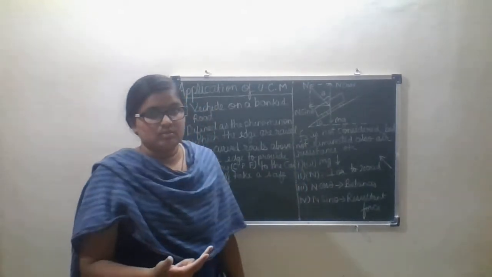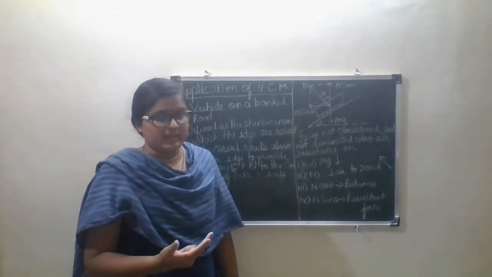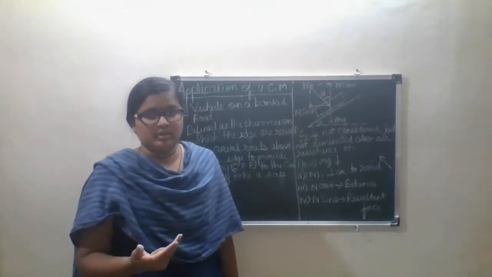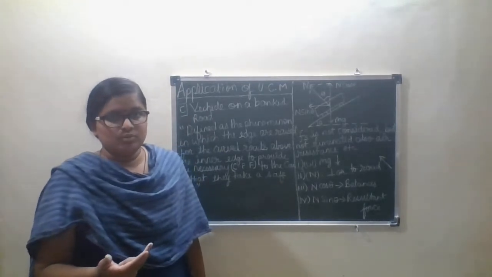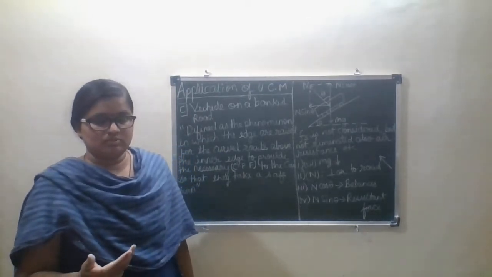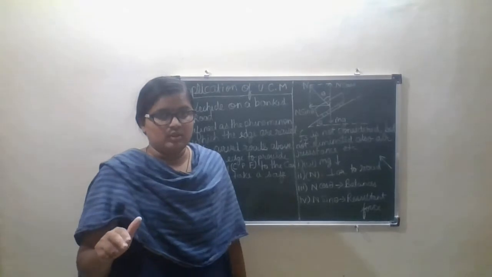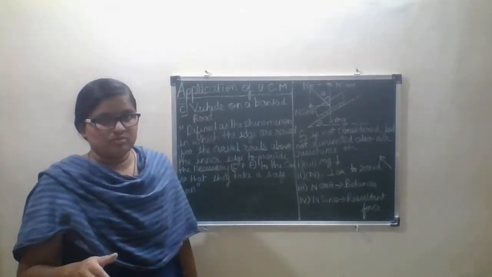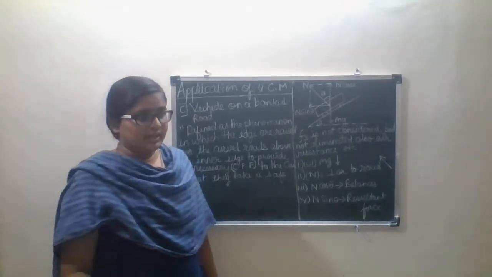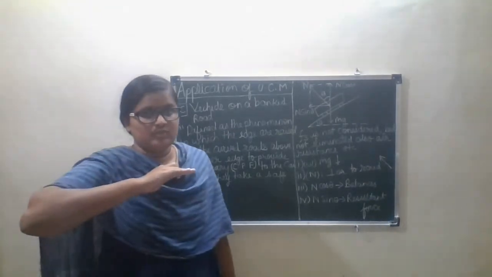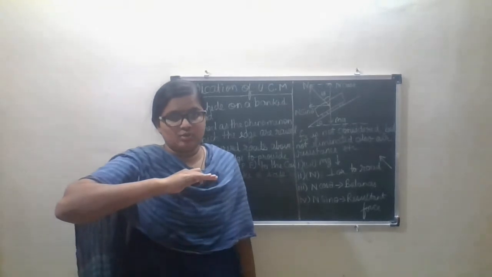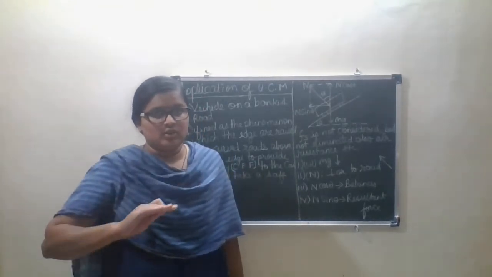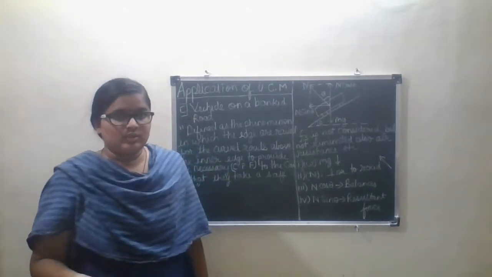There is also the coefficient of static friction, and the curved road does not have a uniform surface. Sometimes the road may be zigzag, or not straight. We can't consider that the road is always straight. The surface may be up and down, so we have to take care of that also.